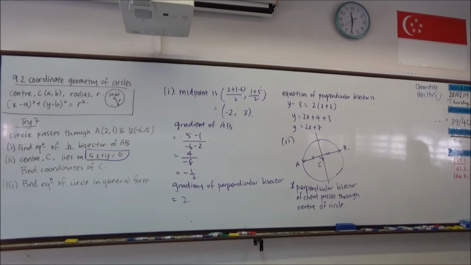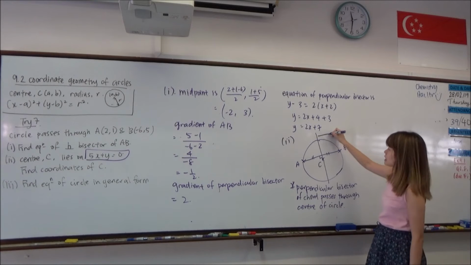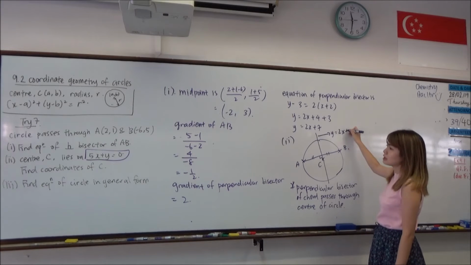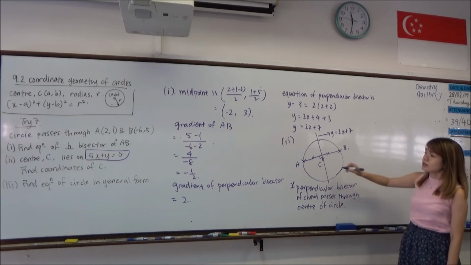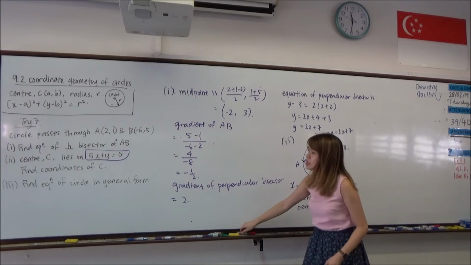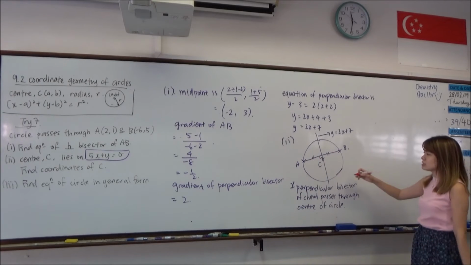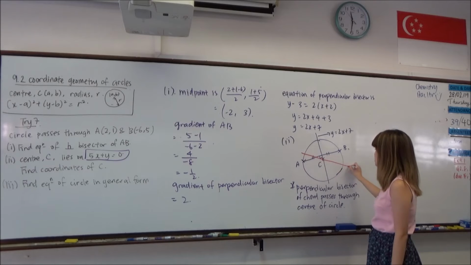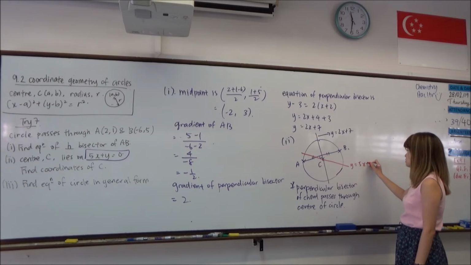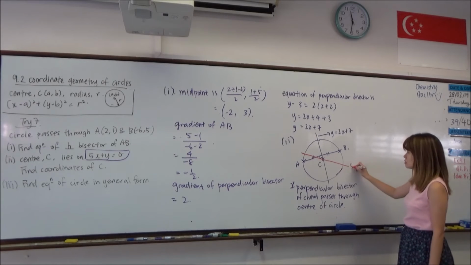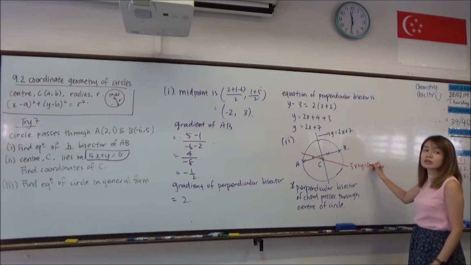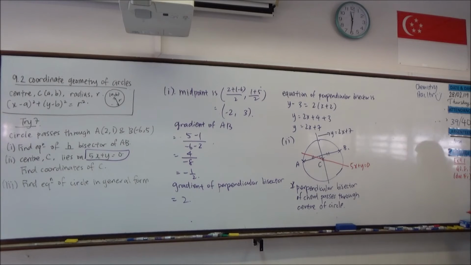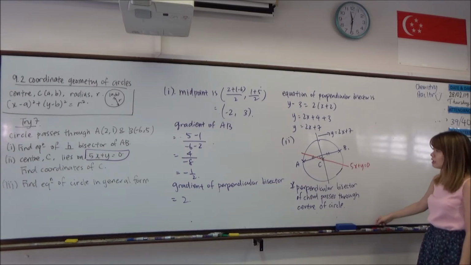Alright, so knowing the equation of the perpendicular bisector, which is y equals 2x plus 7, and knowing that there's a line that passes through the center itself, we can solve simultaneously to find out the coordinates of the center.